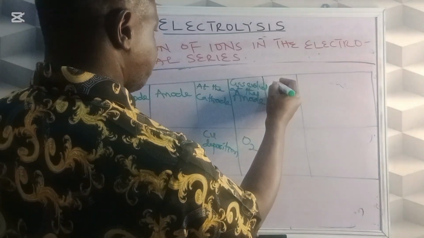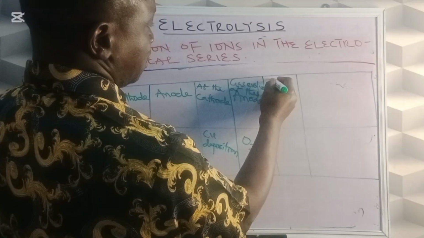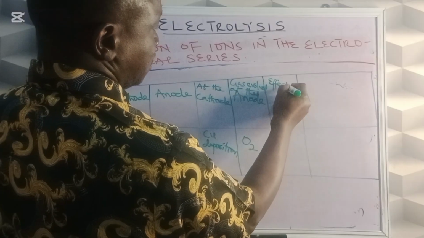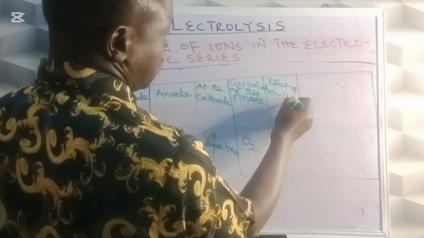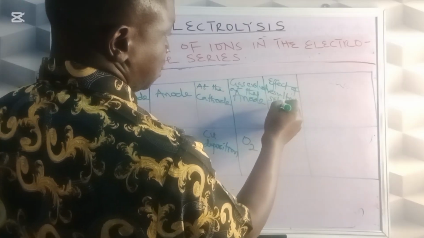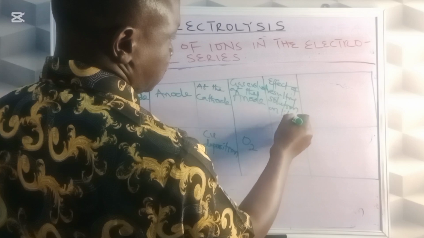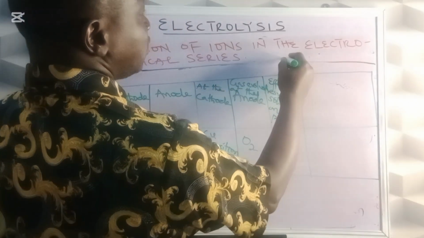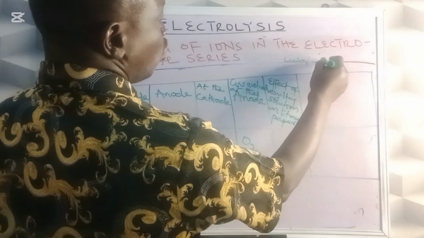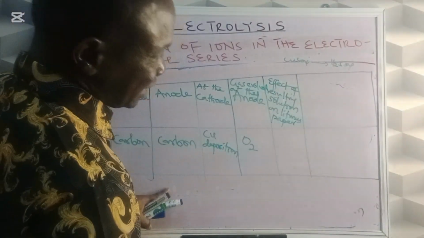So the effect of the resulting solution on litmus paper. You can see turning from CuSO4 to H2SO4, meaning the resulting solution is acidic.